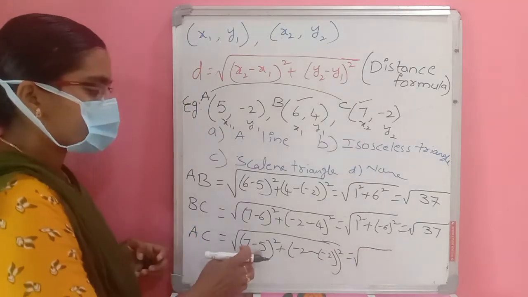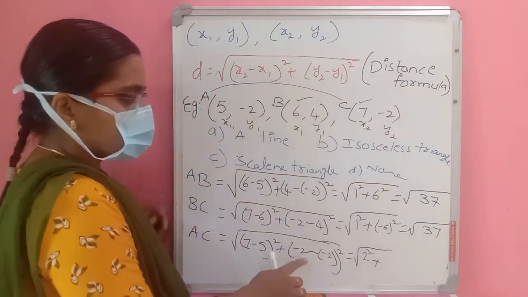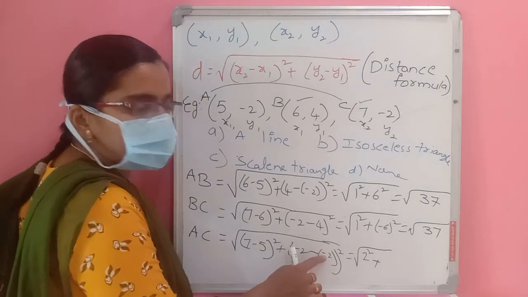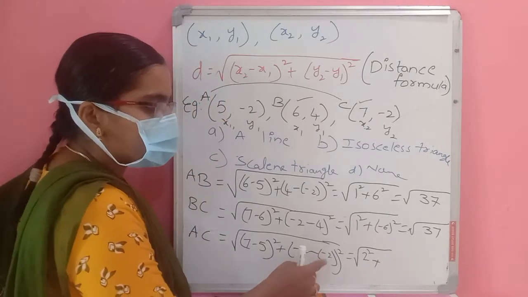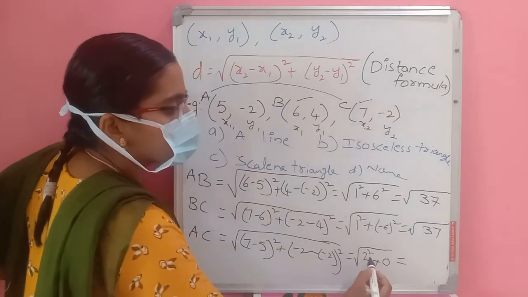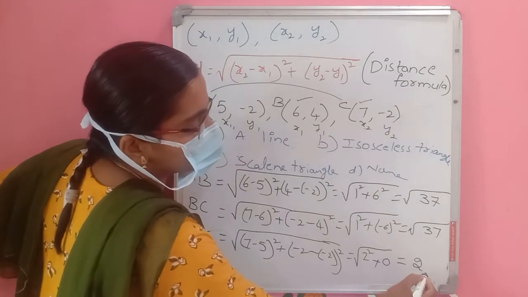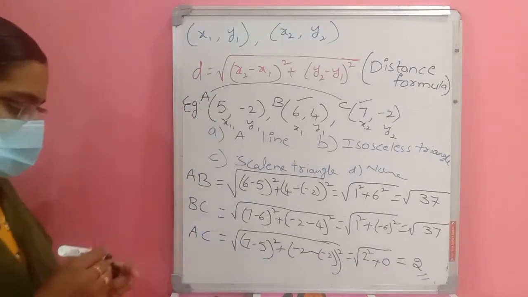Square root of 7 minus 5 means 2. 2 square plus minus 2, minus into minus plus 2. Minus 2 plus 2 is 0. 0 square means 0. So here 2 square means 4. Square root of 4 again we get 2. So its value is 2.